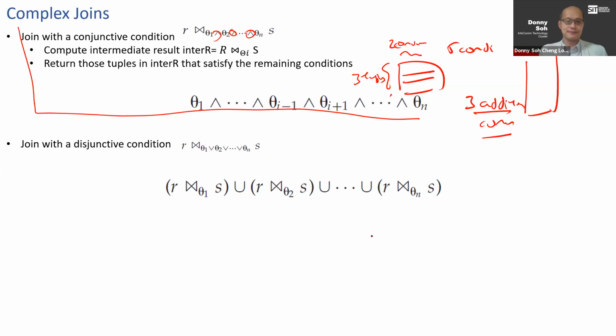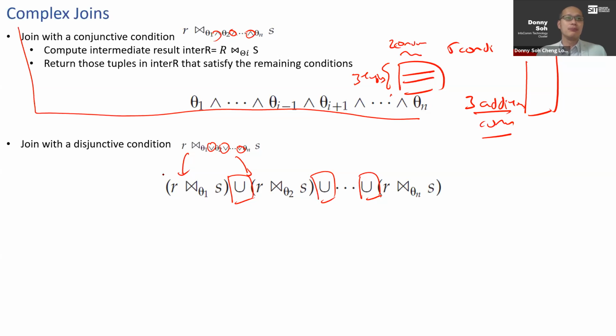Okay, and the join with a disjunctive condition merely means that one possible way to do it is, rather than doing OR for every single condition, which may be an expensive operation, we do a join followed by a union between all the operators.